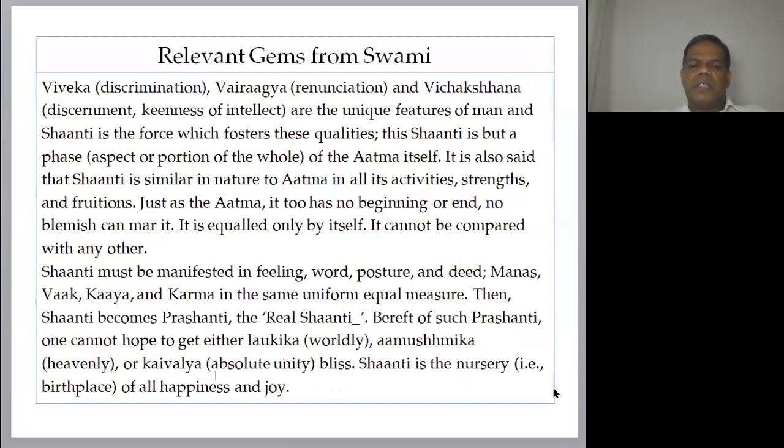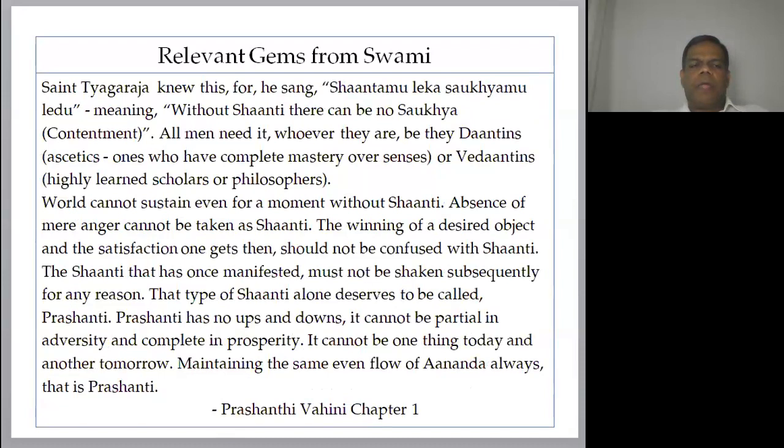Shanti is the nursery, the birthplace of all happiness and joy. Saint Tyagaraja knew this, for he sang Shantamu Leka Saukhyamu Ledu, meaning without Shanti there can be no Saukhya, contentment.